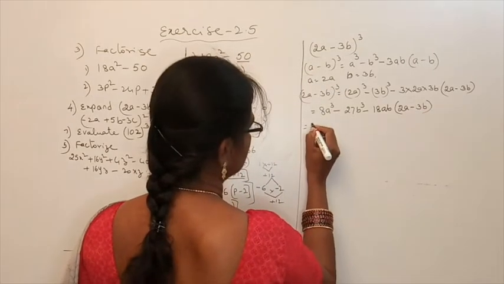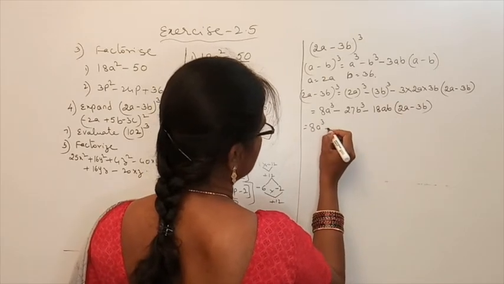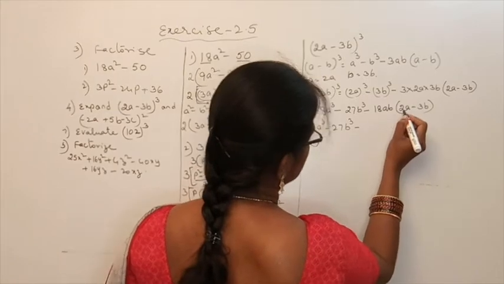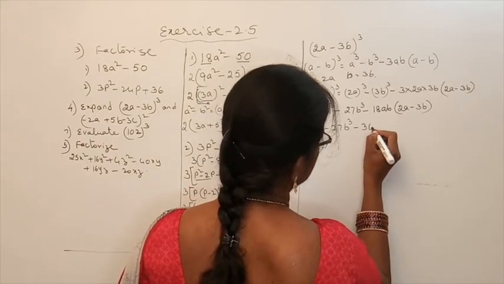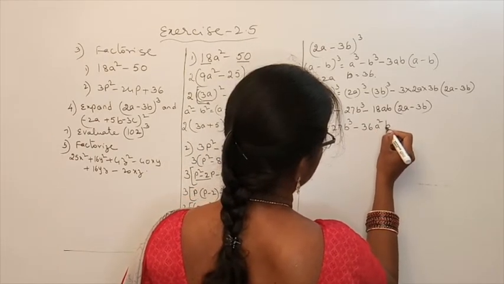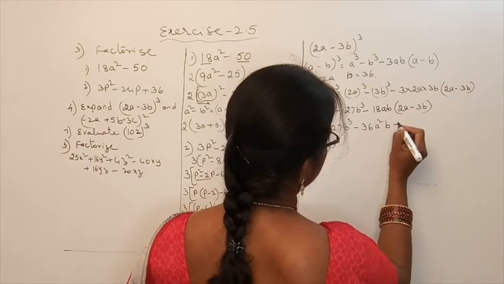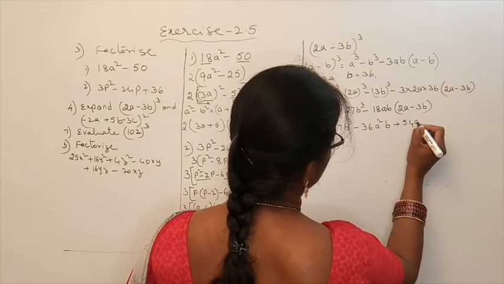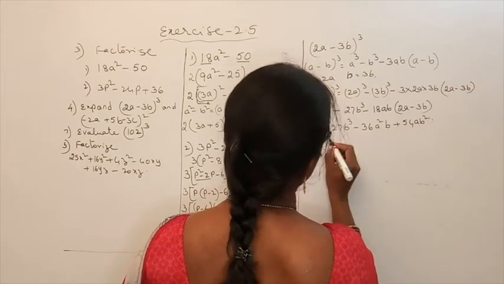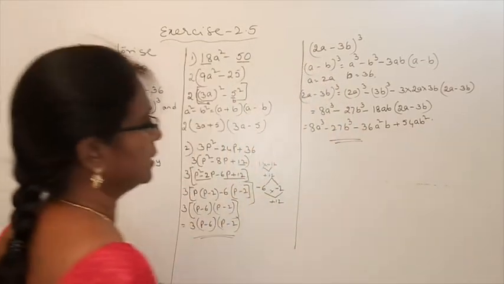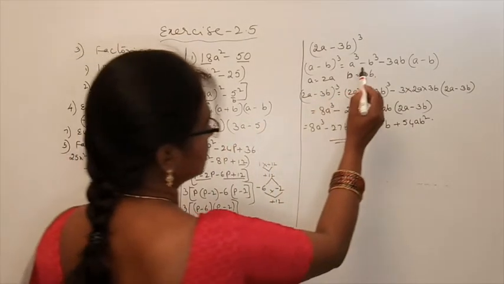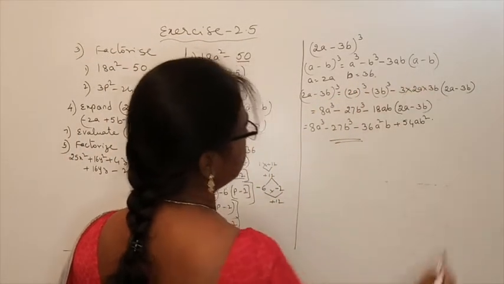Now 8a cube minus 27b cube minus 18 twos are 36 a square b, minus into minus plus, 18 threes are 54 ab square. This is the expansion of a minus b whole cube.